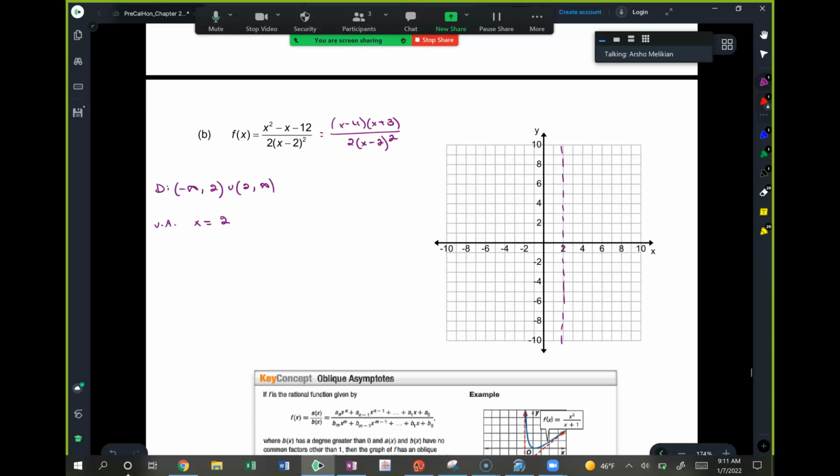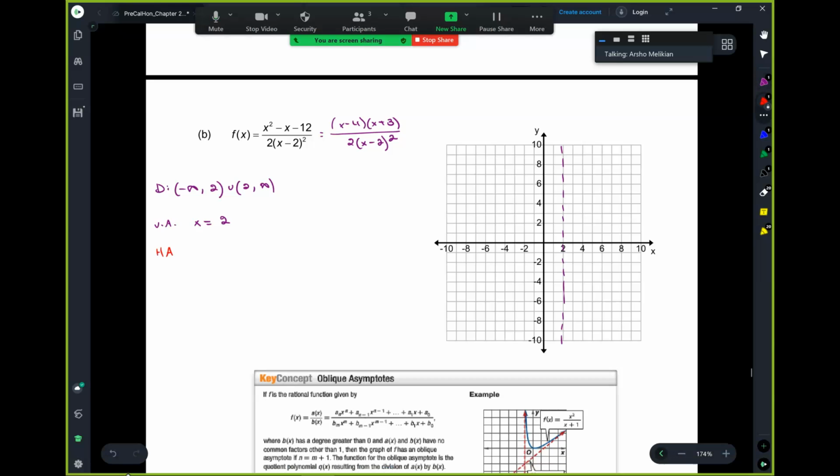What's the horizontal asymptote? Go back to the original function. Now look, I have an x squared here, and on the bottom, I have a 2x squared. So y equals what? 1/2, because it's x squared over x squared, so it's 1 over 2.